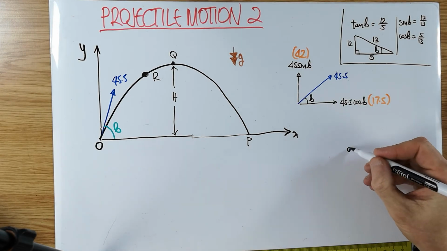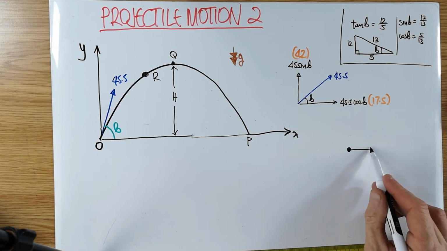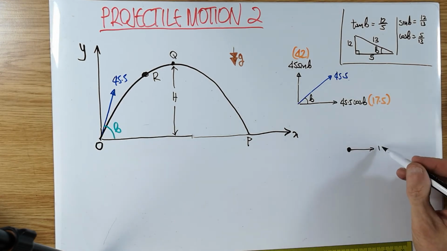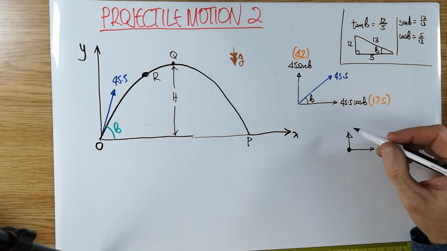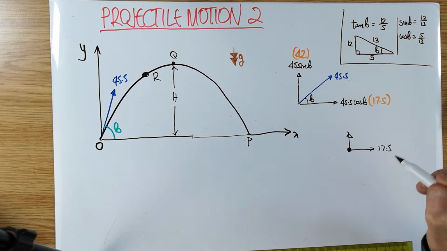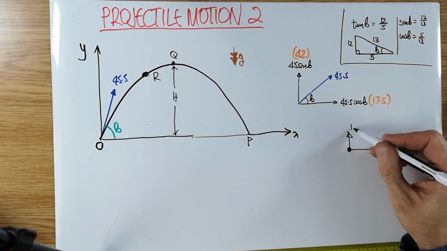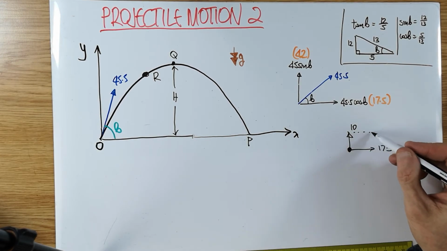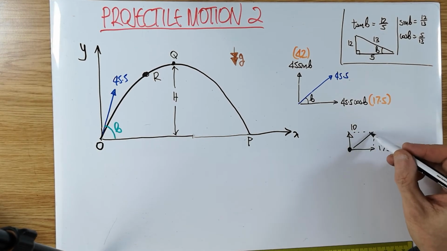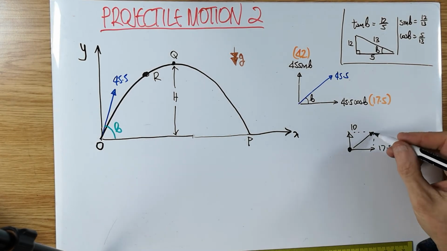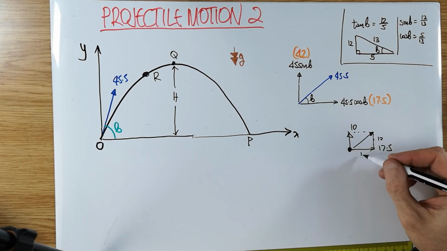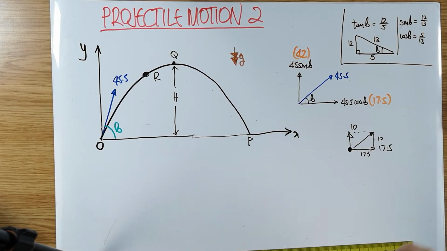If I'm moving with a constant speed of 17.5, because this will never change, and at that point I'm moving upwards momentarily with a speed of 10, then my overall speed will be the square root of 10 squared plus 17.5 squared, by Pythagoras.